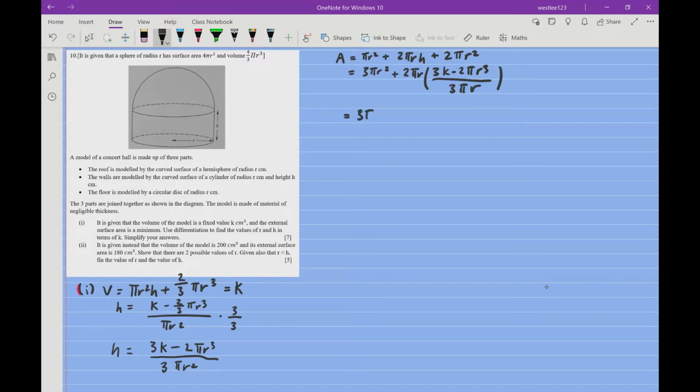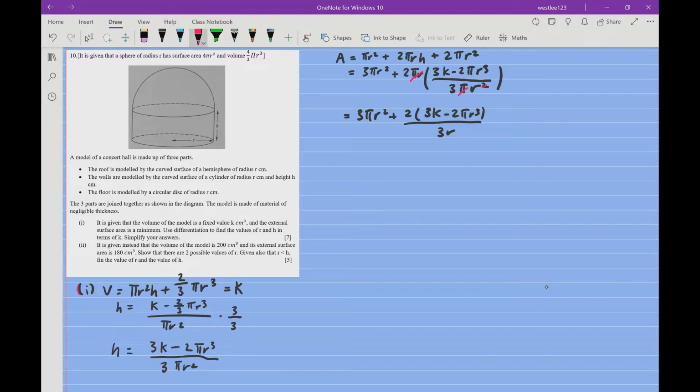Simplifying, 3 pi r squared plus 2 times (3k minus 2 pi r cubed) over 3r. So what I'm doing here is cancelling this pi r with the denominator.